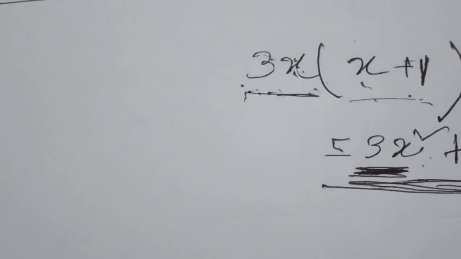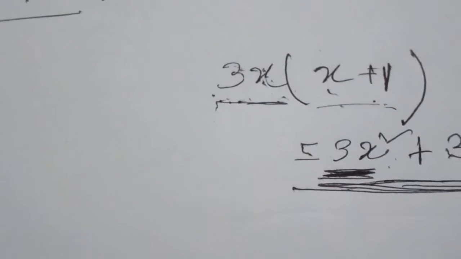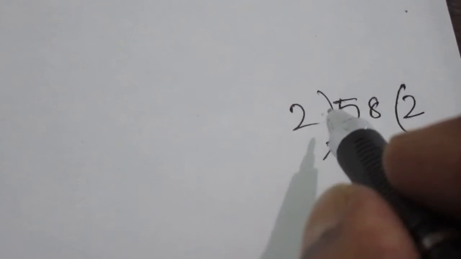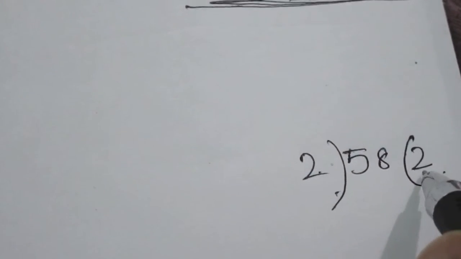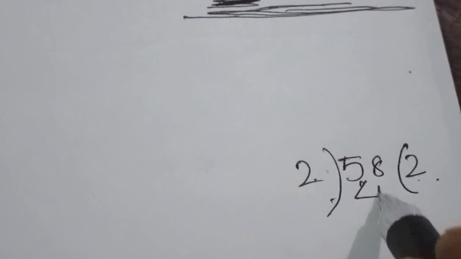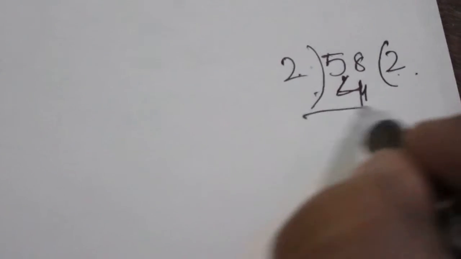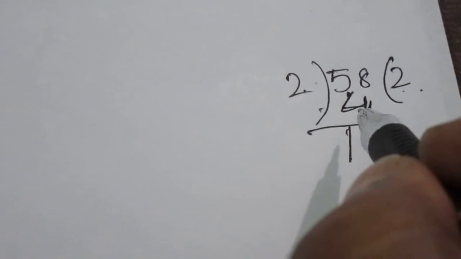Suppose I take a simple division of say 58 divided by 2. 2 2s are 4. So when we multiply 2 with 2, then only we can write 4. Then 5 minus 4 is 1.